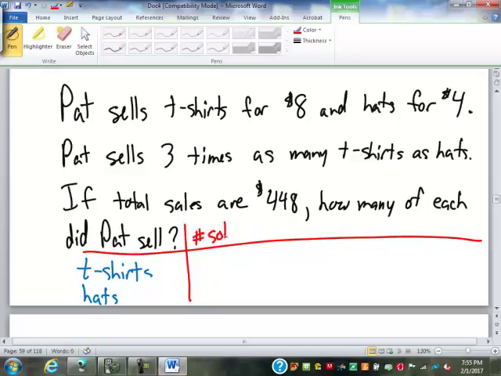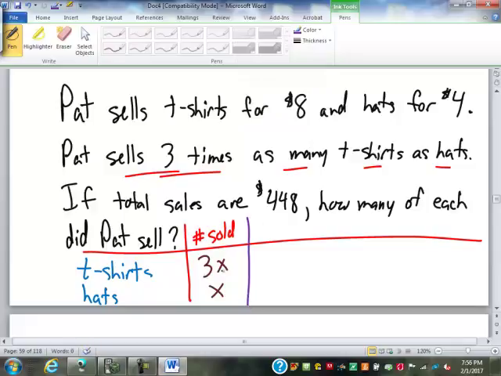So the number sold. What's the relationship there? 3 times as many shirts and hats. So which one's going to be X? The hats. The hats are going to be X. T-shirts are going to be 3x. 3 times as many t-shirts as hats.